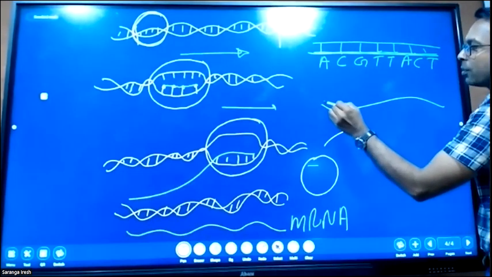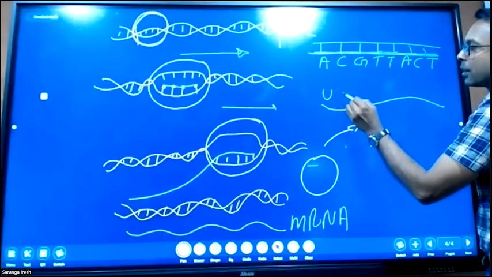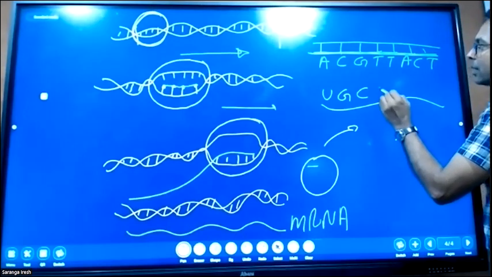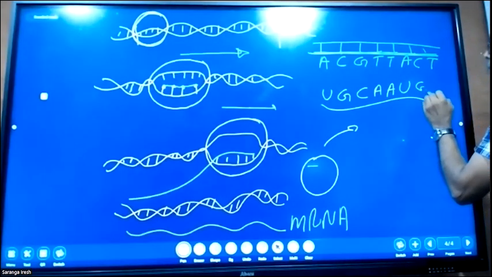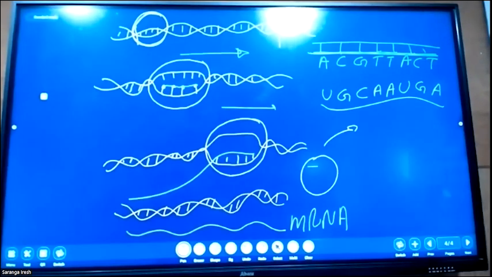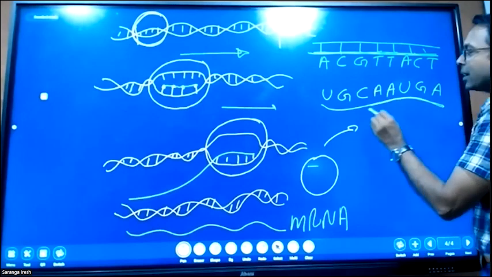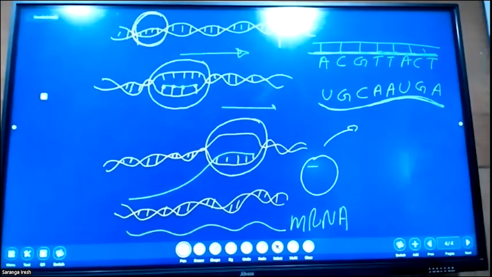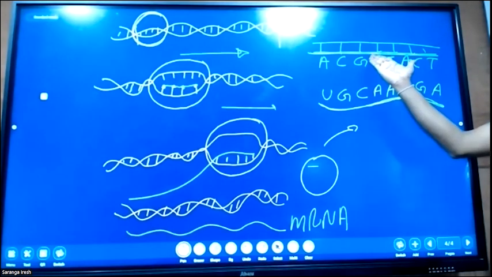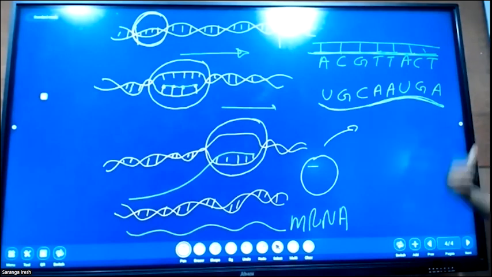Here adenine, it should be uracil, guanine, cytosine, adenine, uracil, guanine, adenine. This is the mRNA sequence now. The information is copied into the mRNA.